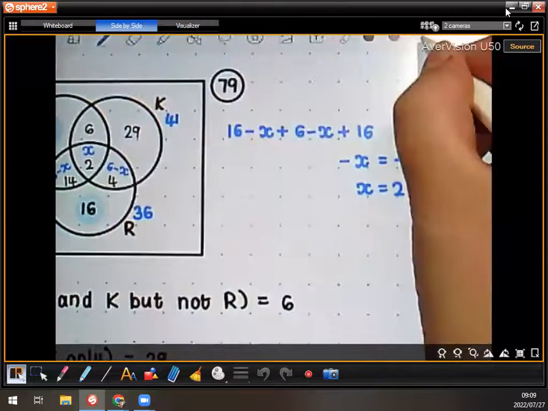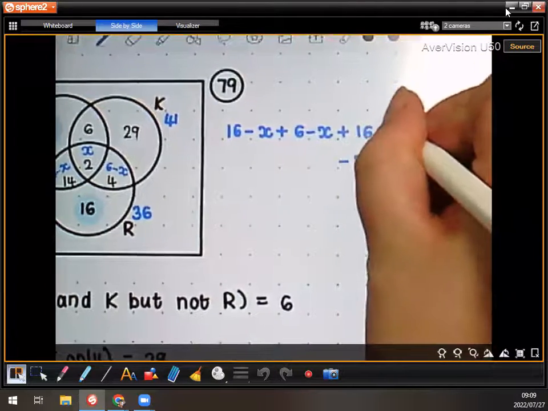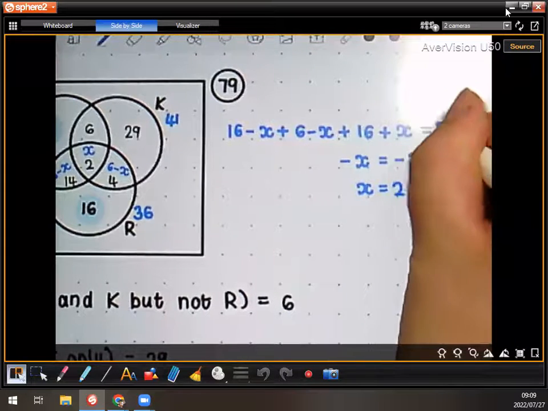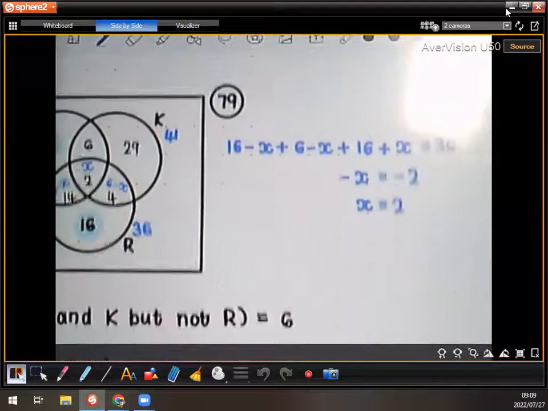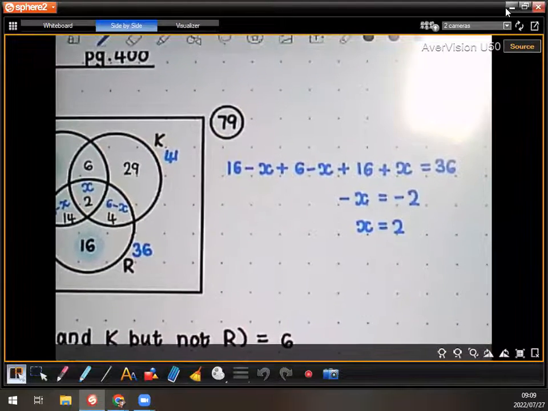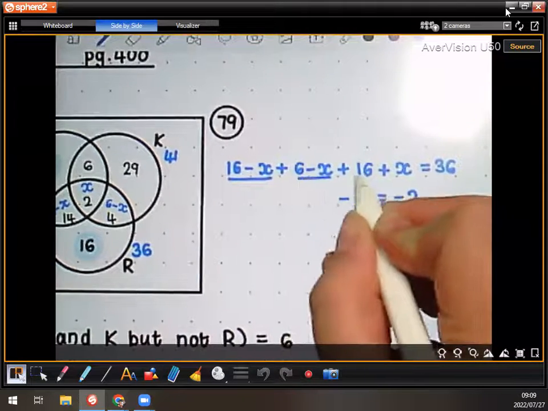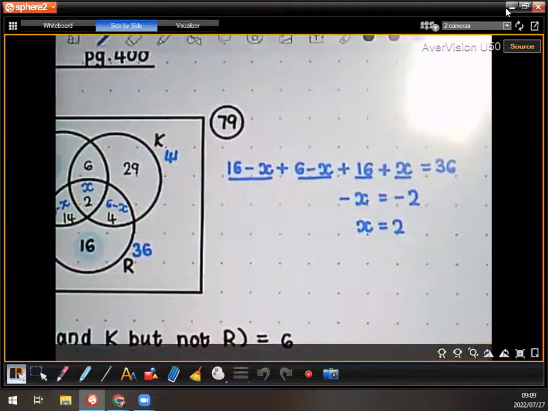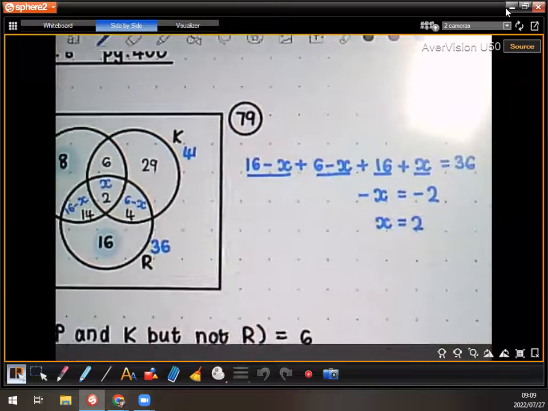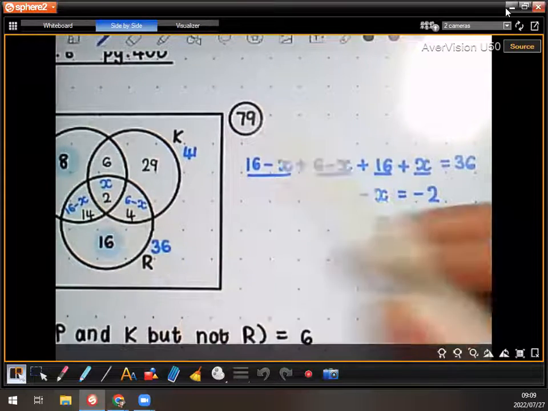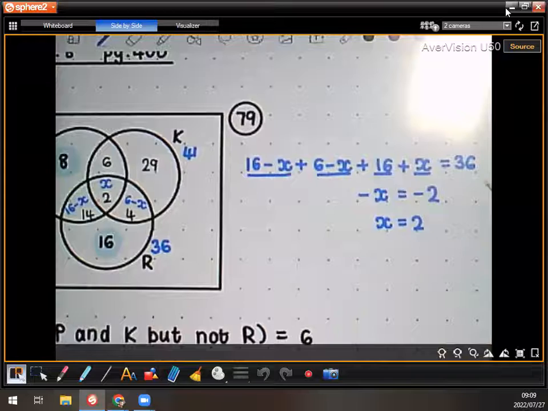Sorry, I didn't write the plus X, but it is supposed to be there. So those are the four parts: 16 minus X, 6 minus X, 16, and X. Those are the four parts making up the rap circle, equal to 36.